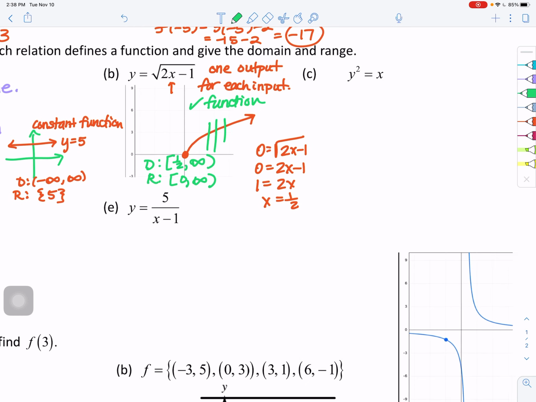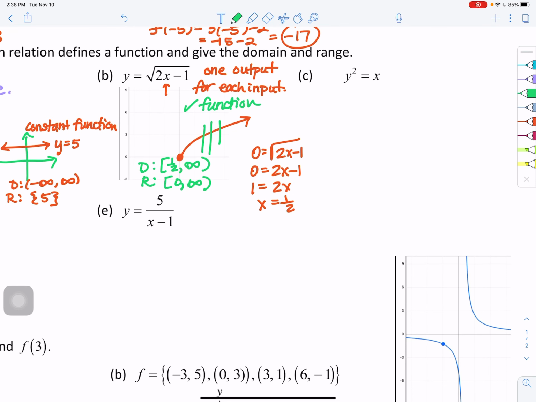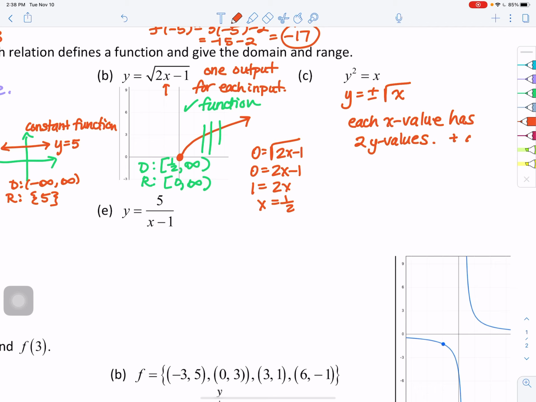Let's go to C. Before we let f of x be y, we need to go ahead and solve for y. And if we take the square root of both sides, we see that every x value has 2 y values, because one is plus and one is minus.